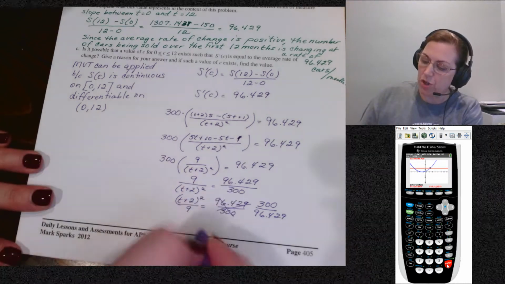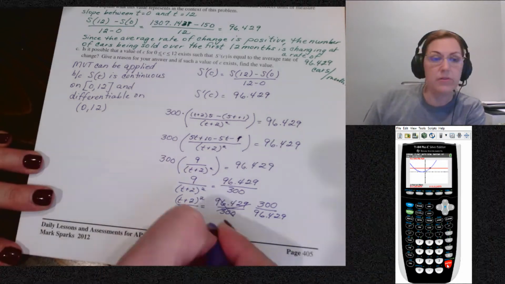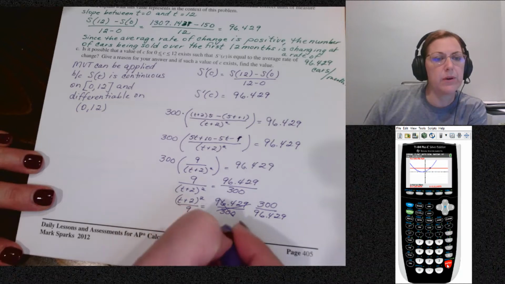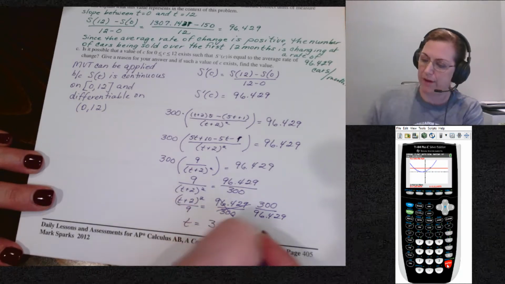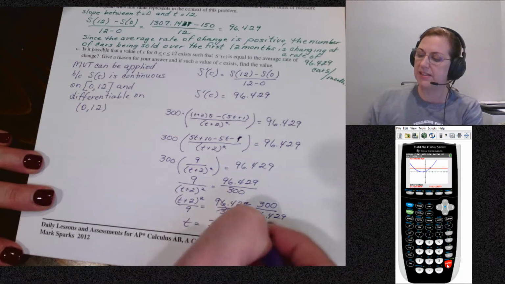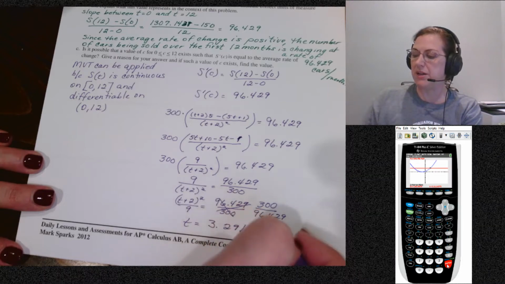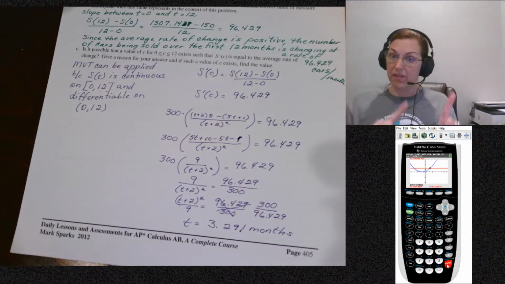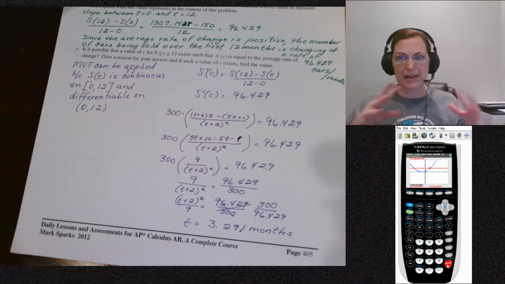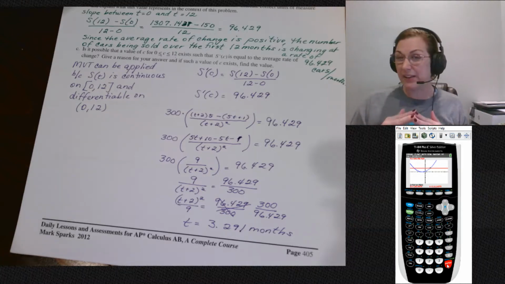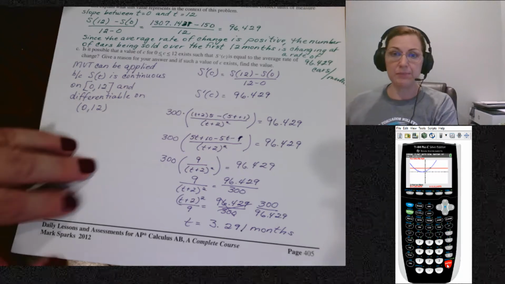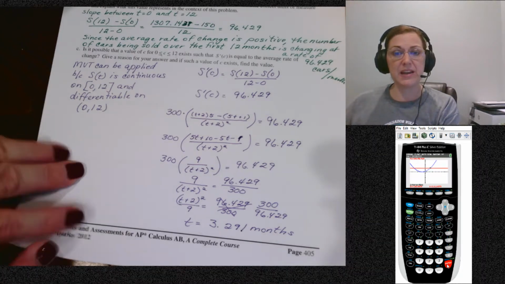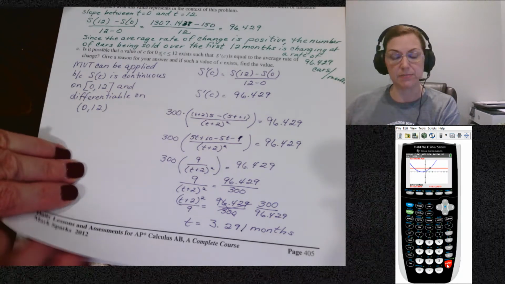And notice you only need the x value, which is 3.291. And that's in months because remember t was in months. And that's how I apply the mean value theorem, but I use my calculator to do some of the heavy lifting in the problem. And that frees me up then to just do the analysis.